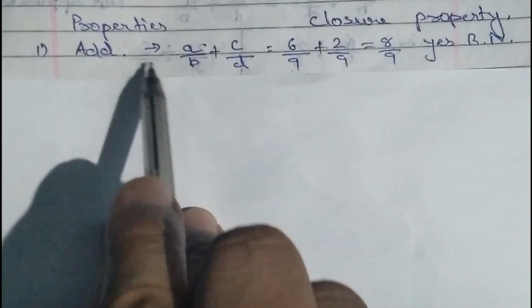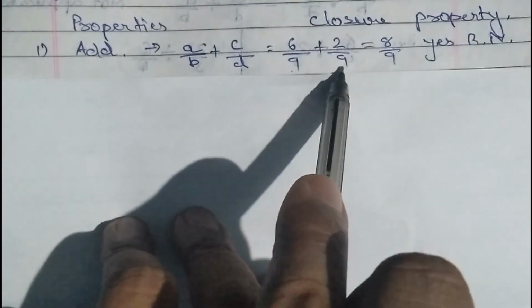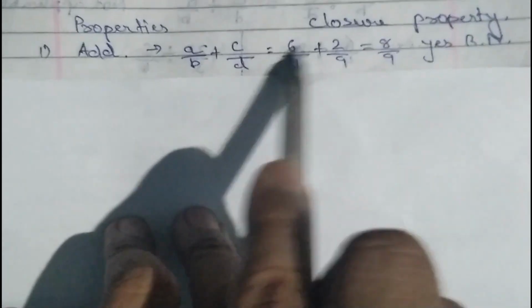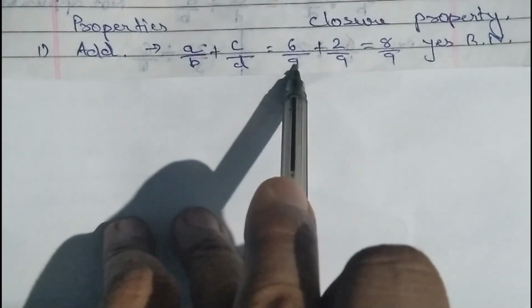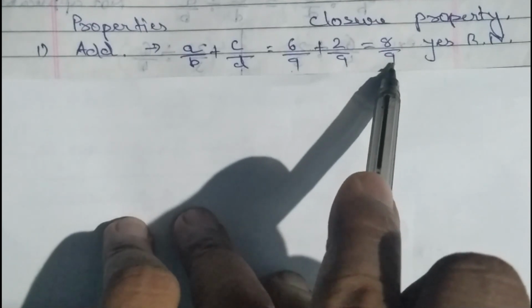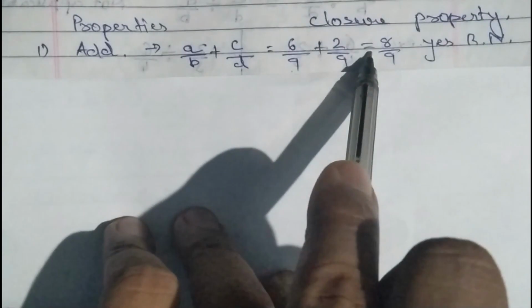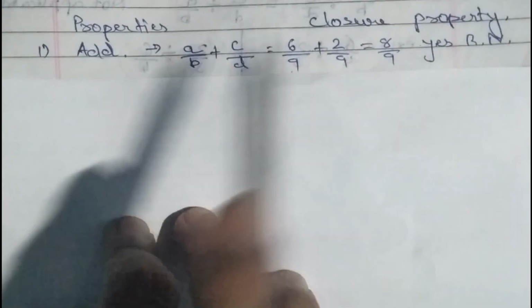So if we add a upon b plus c upon d, that is 6 upon 9 plus 2 upon 9, that gives me 6 plus 2 as 8, and the denominator is the same, so it remains 9. So my answer is 8 upon 9.